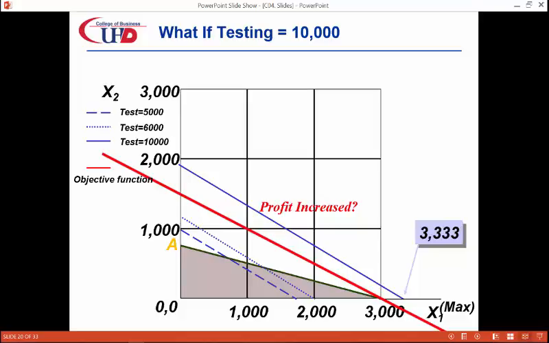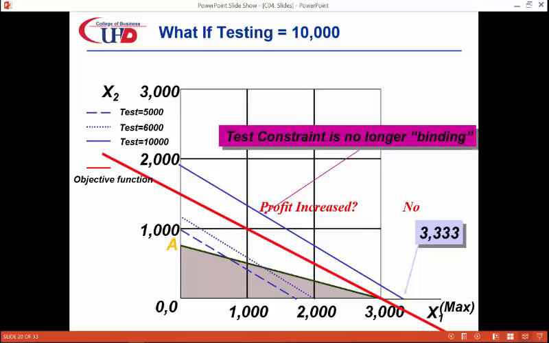Then, will the profit increase when testing hours increase from 9,000 to 10,000 hours? The answer is no, since the optimal solution remains the same as before. Notice, with 10,000 testing hours available, testing is no longer binding. Only assembly is fully utilized.